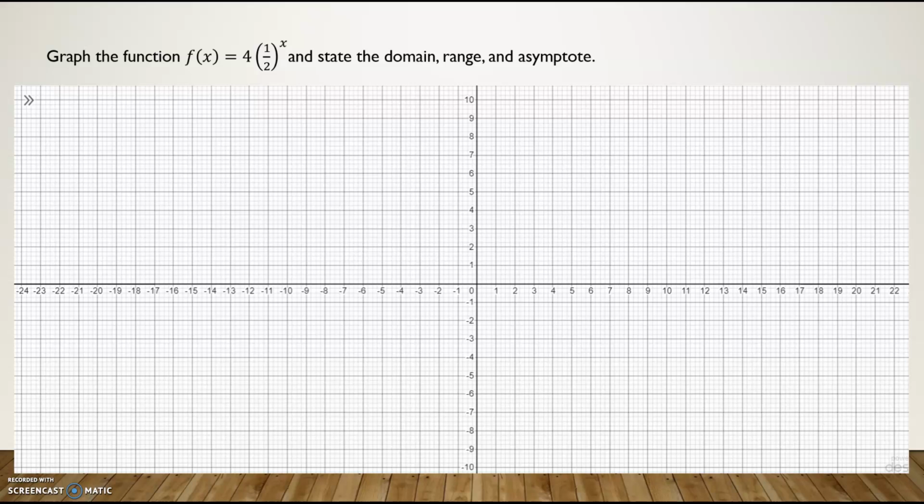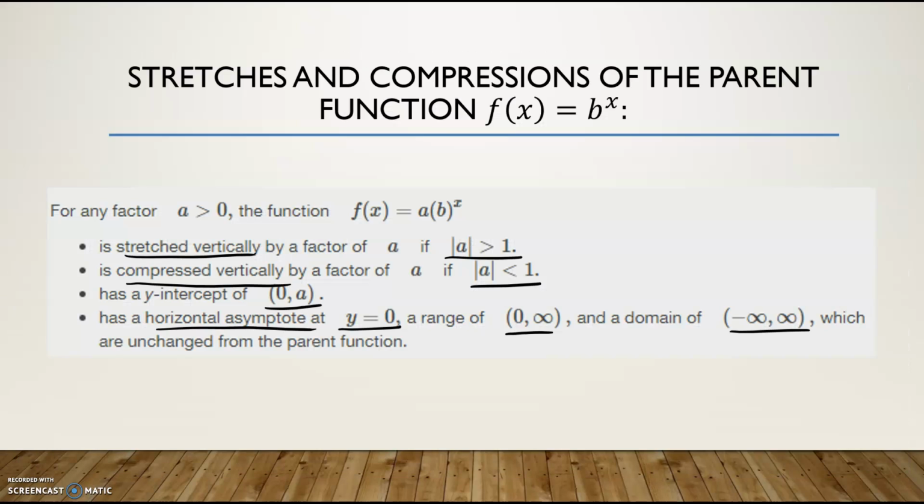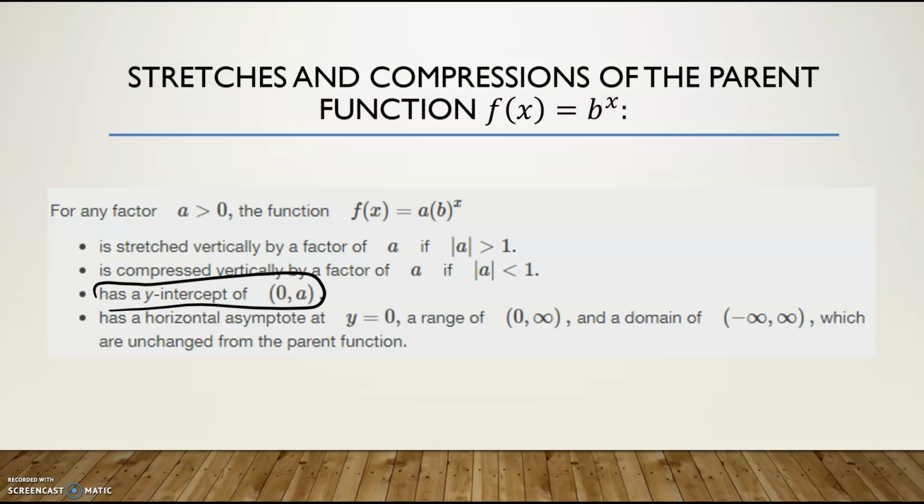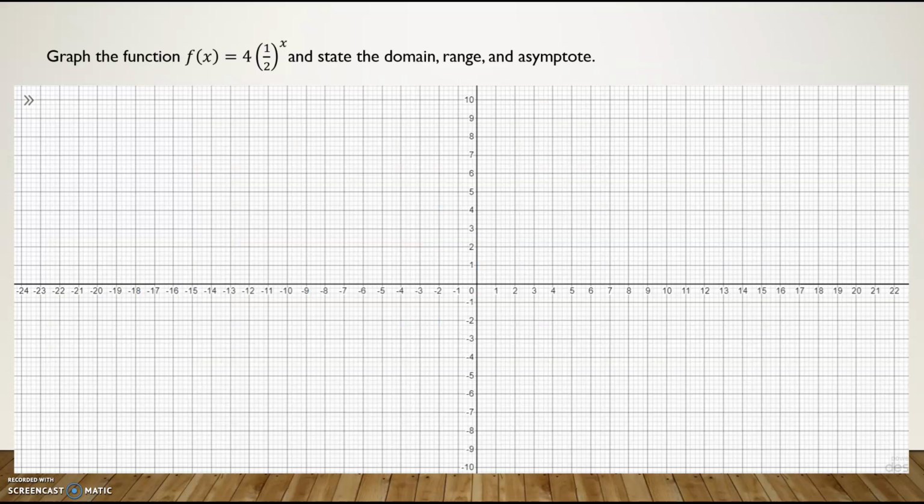4 times 1/2 raised to x, and we'll say the domain, the range, and the asymptote. So we have a key point, and that is at this right here, 0, a. So our a is 4, our b is 1/2.